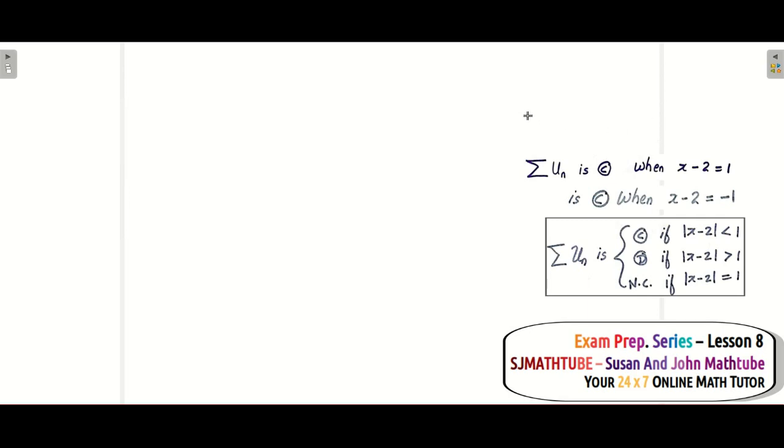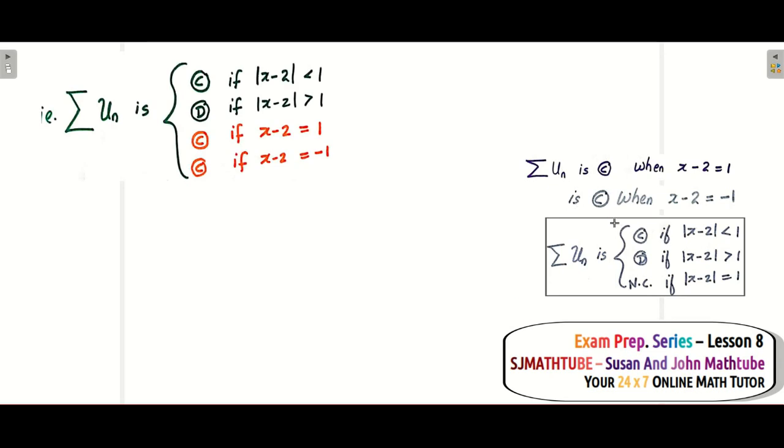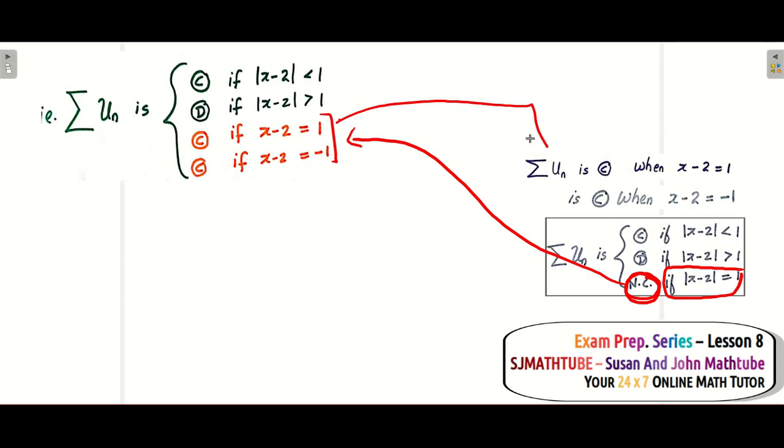Okay, now it's time for our conclusion. So look at this. Here we wrote no conclusion or test fails. Remember, no conclusion or test fails. But now I replaced these things with these facts.